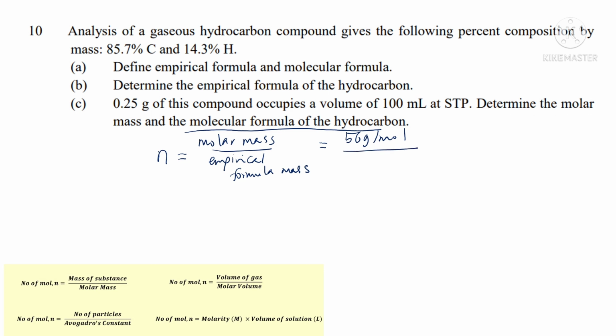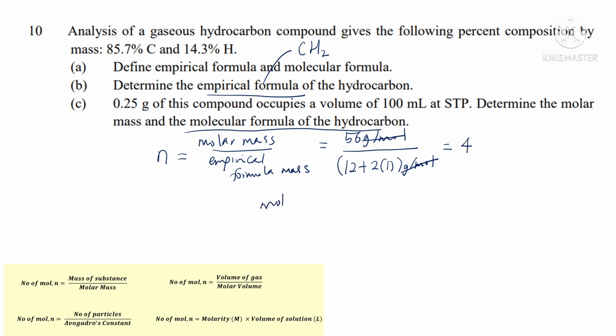And from question 10b, we know that the empirical formula for this compound is CH2. Therefore, the empirical formula mass will be 12 plus 2 times 1 gram per mole. The gram per mole cancels out to give us the whole number multiple n as 4.